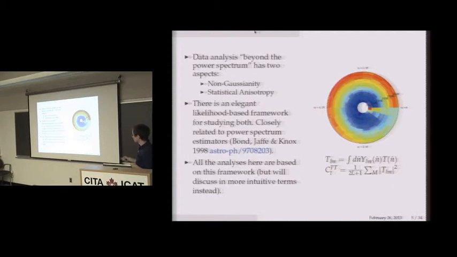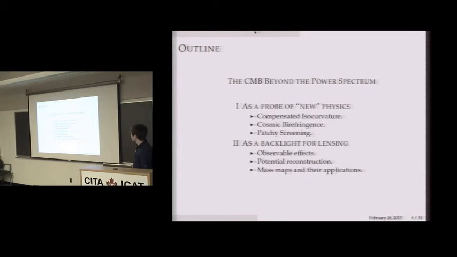I'm not really going to talk about the math that goes into estimating these things in this talk. I'll try to give more intuitive pictures of how this all works. But this framework is really nice. Okay, so here's an outline. I cut my teeth with this stuff using WMAP data, so I'm going to talk about that in the first part of the talk, where I look for evidence of new physics in the CMB.